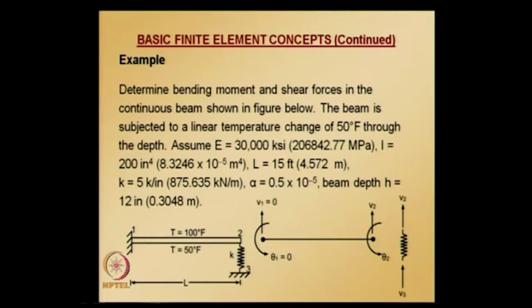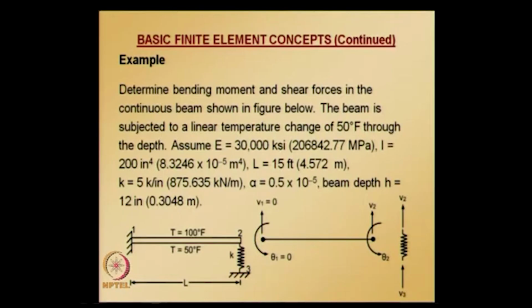At node 2, since it is a part of both beam and spring element, it is going to have 2 degrees of freedom, rotation and also transverse displacement. So V2 and theta 2 are the degrees of freedom at node 2. Now node 1 and node 3 are fixed, so the corresponding degrees of freedom are 0, that is V1 is equal to 0, theta 1 is equal to 0, and also the displacement at node 3, V3, is going to be 0.